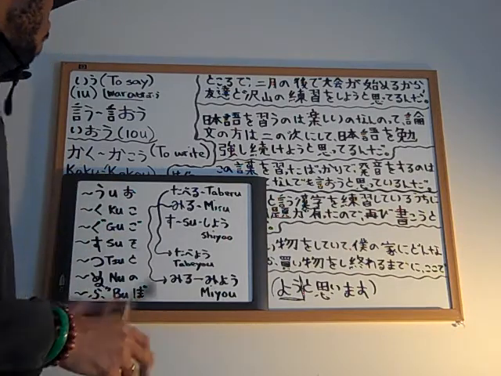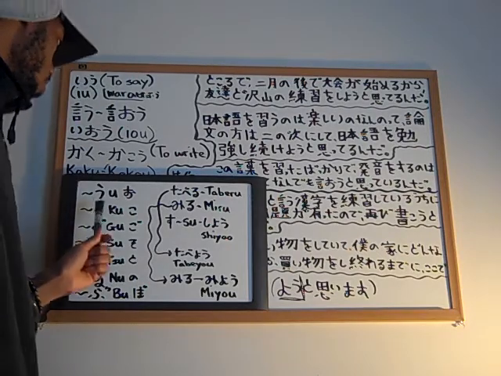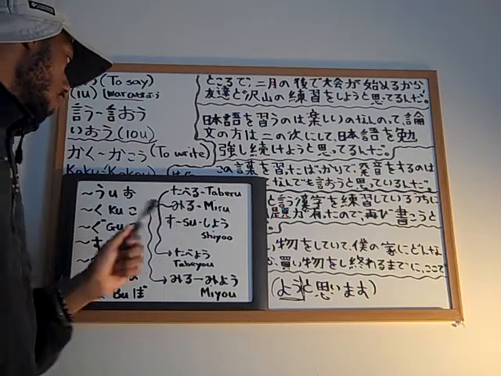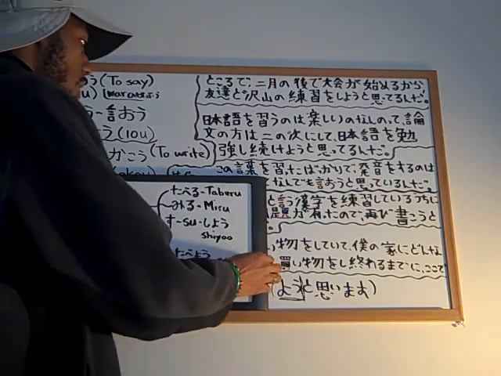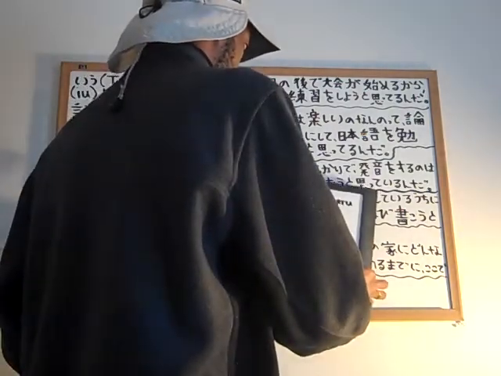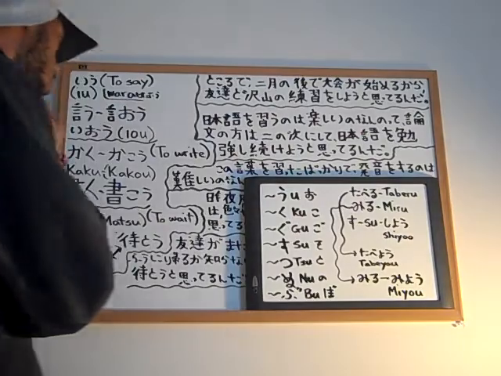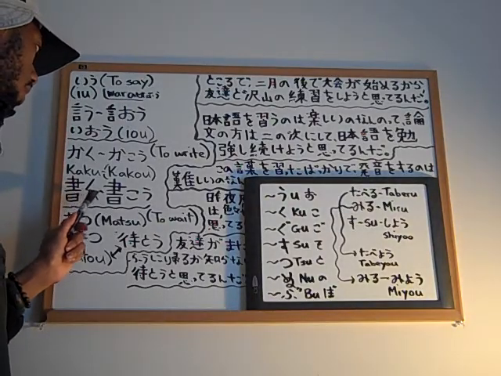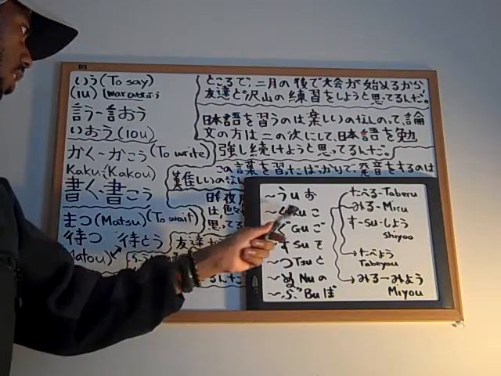Now, if it ends with ku, the ku turns into ko. I have a word here as an example: kaku, which means to write. If you want to use that construction, like I told you, ku becomes ko.